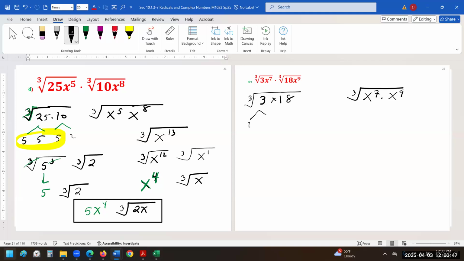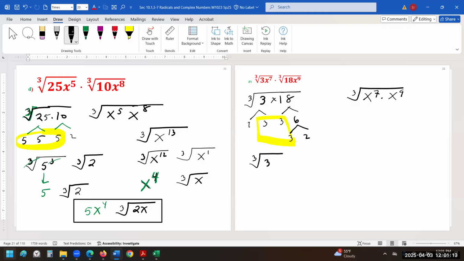3 is 1 times 3, and 18 is 6 and 3. Do you see the same number 3 times? That means you have to break it down more. 3 and 2. Now, do you see the same number 3 times? 1, 2, 3. So you put them together in one group.